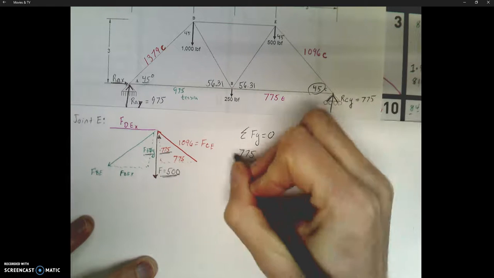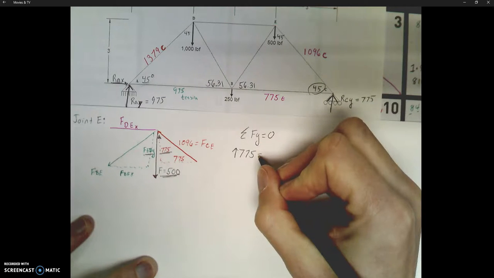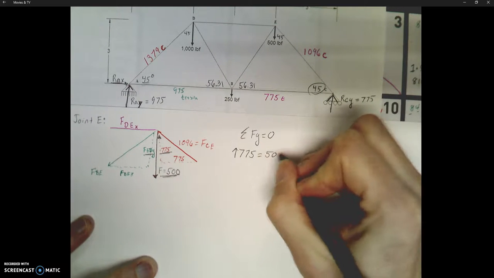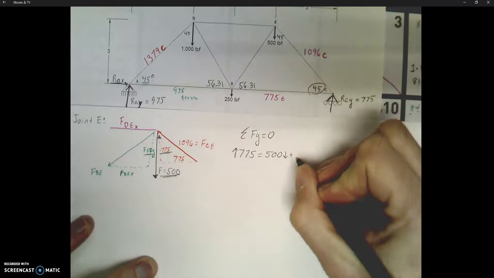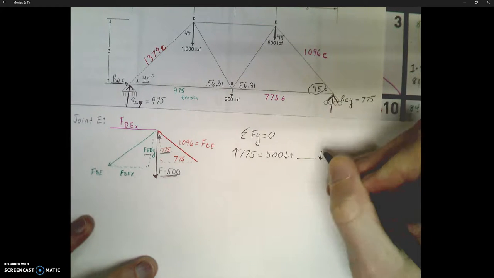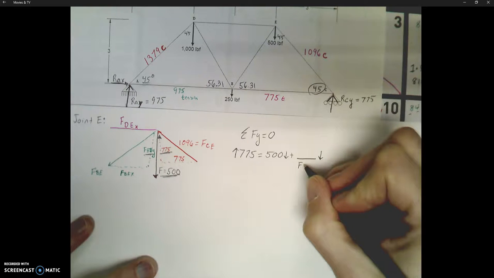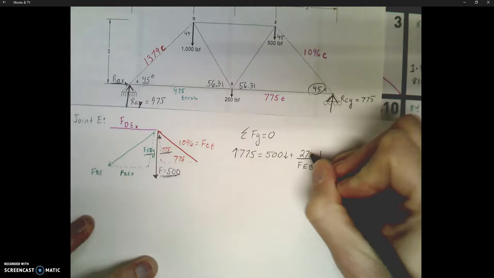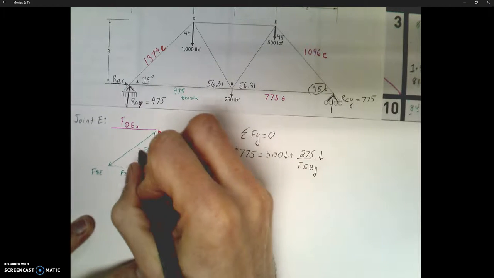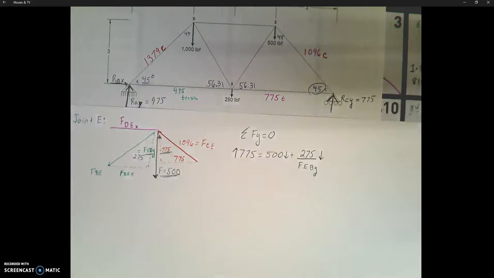So we've got 775 going up in compression has to equal that 500 going down plus what other force going down, because we need that equilibrium. We need everything equal, so that force of EB in the Y direction is that unknown force in the Y direction to make both sides equal, so it's 275. So we plug in that 275 for that force of EB in the Y direction.